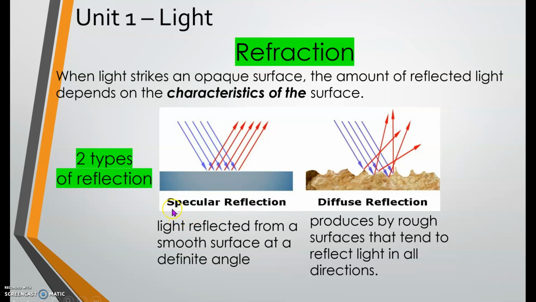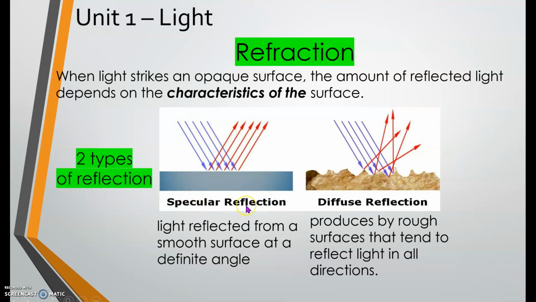So specular reflection is when light reflects from a smooth surface at a definite angle. So we can see the light rays reflecting on the smooth surface, then the reflection goes in one direction. That's why it's a definite angle, or just reflecting in one direction.